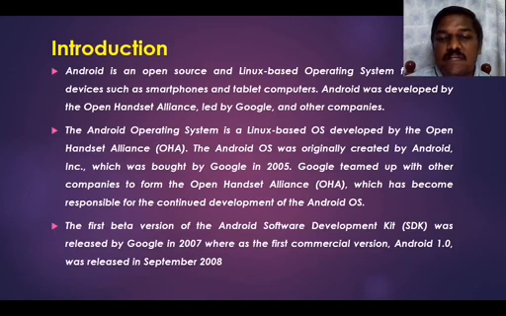Then the first beta version of the Android software development kit, also called SDK, was released by Google in 2007. Actually the first commercial version released by Google is also called Android 1.0. It was released in September 2008.